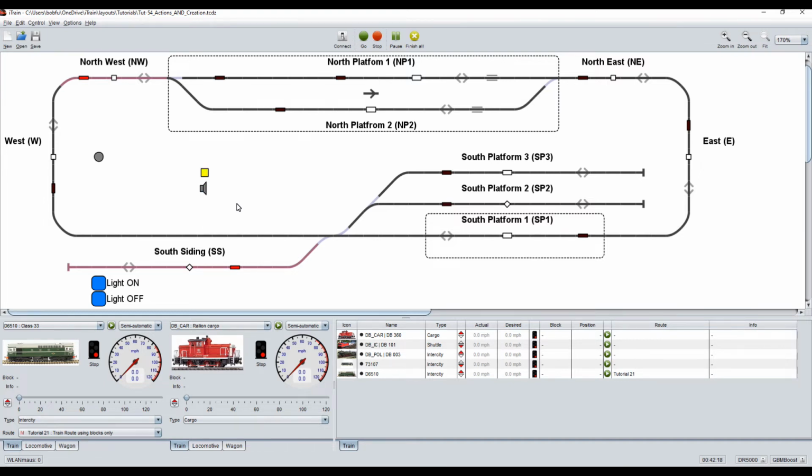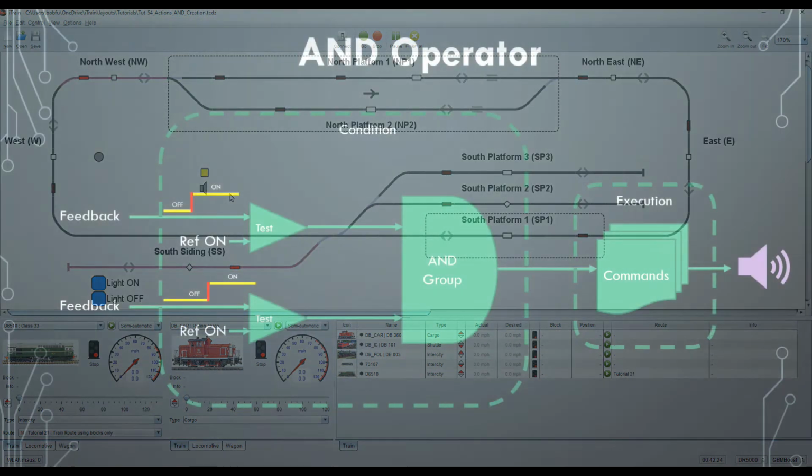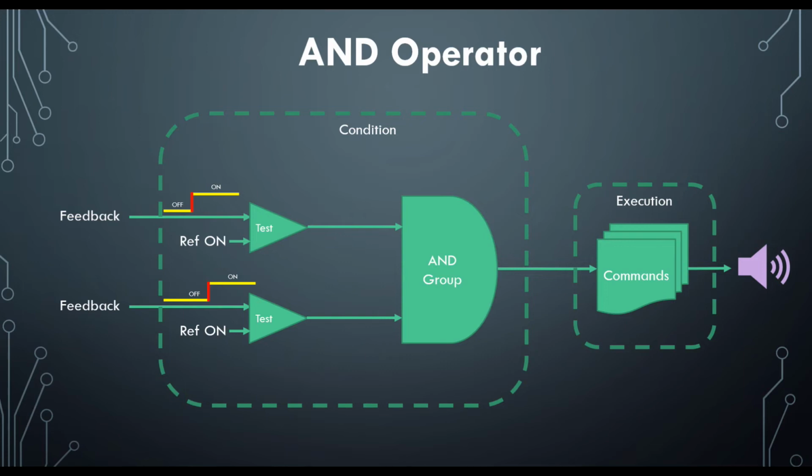Let's have a look at the animation to see how it operates. This isn't an accurate replica of how iTrain works. It's a simplified analogy that allows us to better follow and understand the operation.